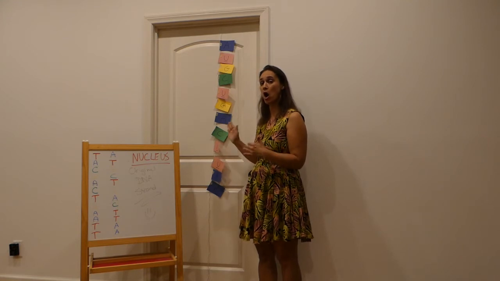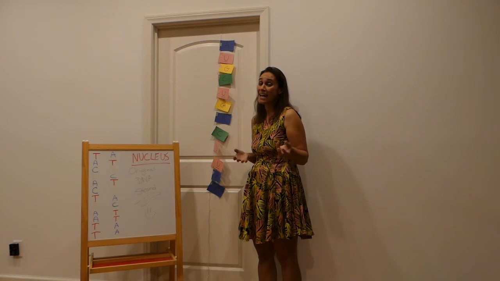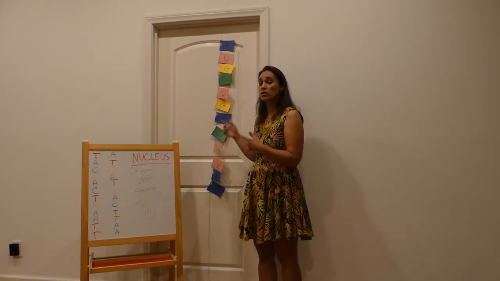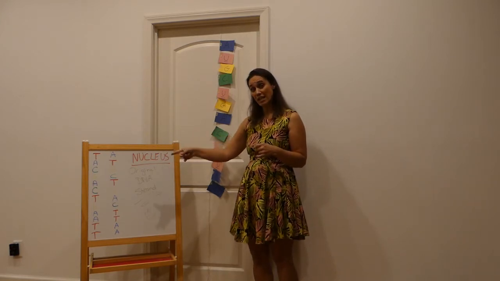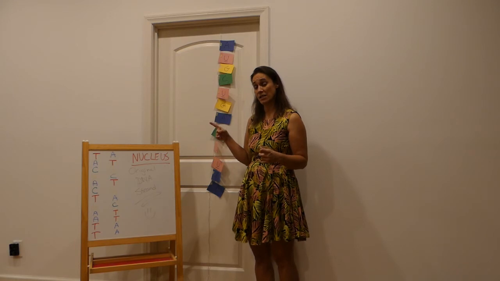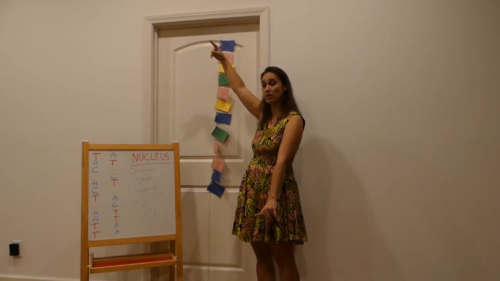RNA comes in and all it's worried about is a specific gene because the cell is saying, hey, I need a protein and I need a specific one and I need it now. So messenger RNA runs into the nucleus, goes to that gene, which remember is a piece of the DNA segment. So the strand of DNA can be millions upon millions of base pairs long.